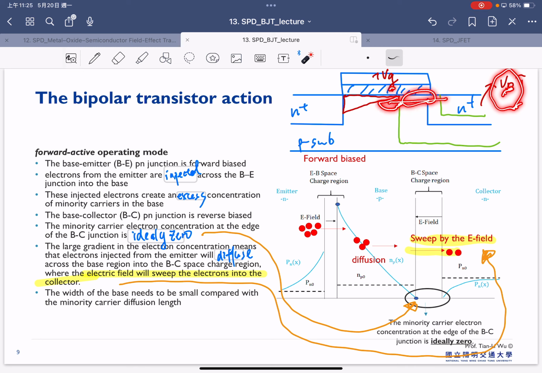And in this case, how do the carriers flow from the source to the drain? The first one, the carrier electron will overcome this PN junction and flow to the P substrate and start to diffuse into this region. And then in the end, the carrier can be swept by this reverse PN junction due to the electric field.